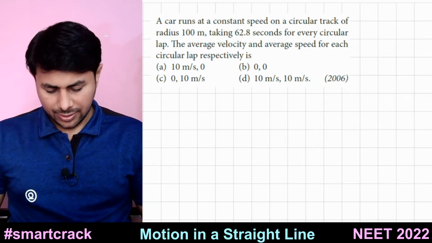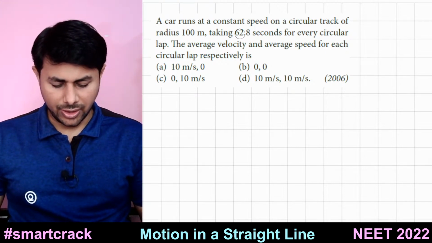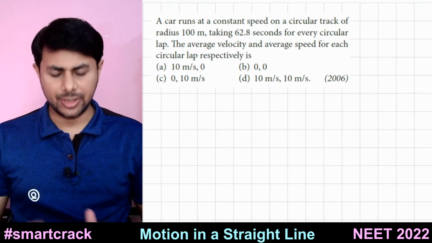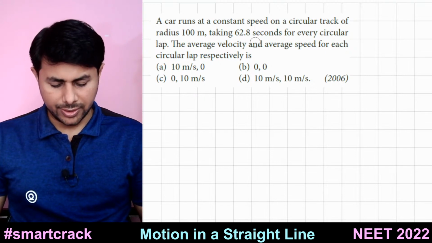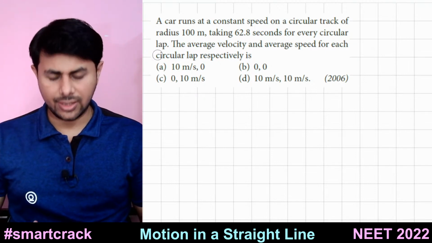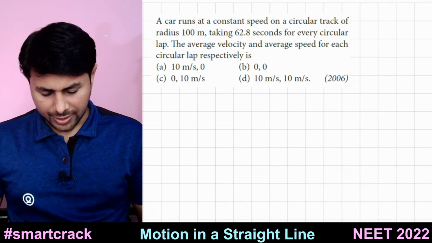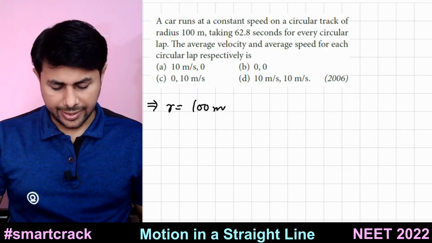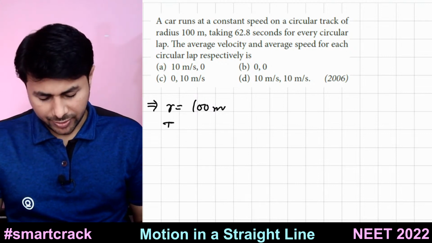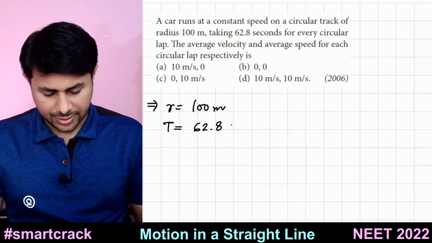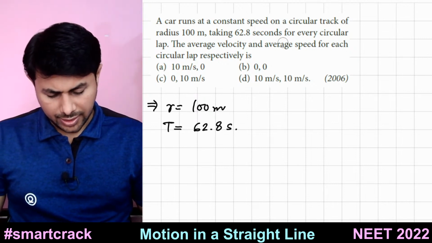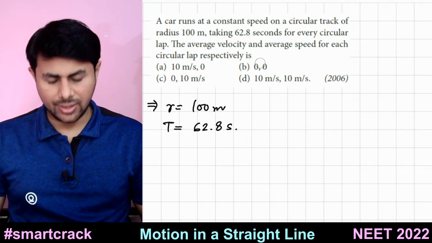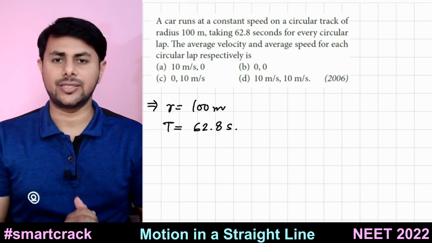The next problem is a car runs at a constant speed on a circular track of radius 100 meters, taking 62.8 seconds for every circular lap. So we are given r equals 100 meters and the time period is 62.8 seconds. Then the average velocity and average speed for each circular lap respectively is.